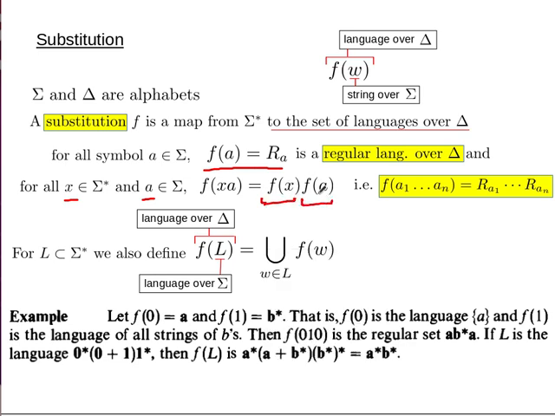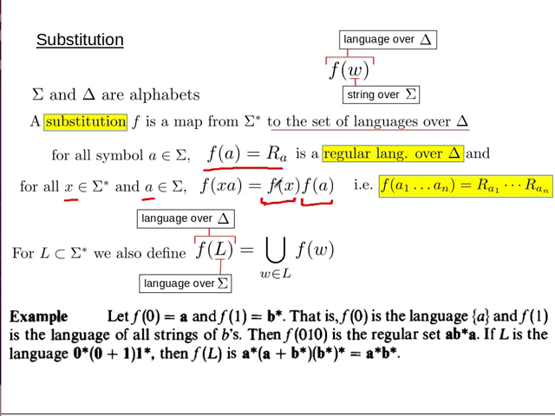So this is concatenation of two languages. Here we are talking about concatenation of two languages. Okay. So now this equation looks a lot like the homomorphism, right? So in homomorphism, I mean in group theory or ring or whatever, what was the equation? h of xy is equal to h of x times h of y. So this is where the similarity comes.